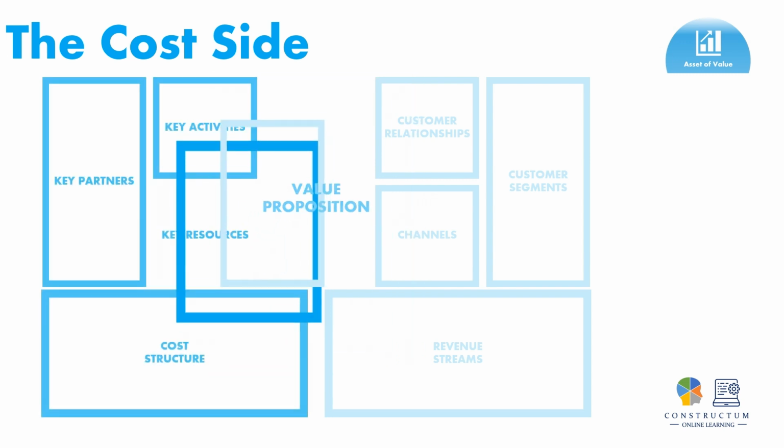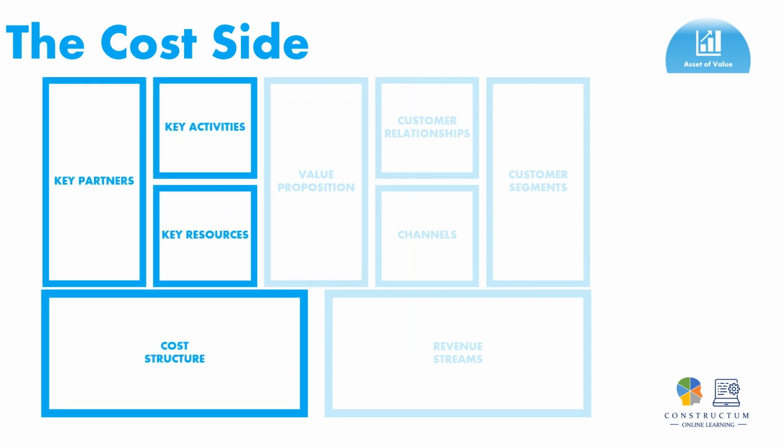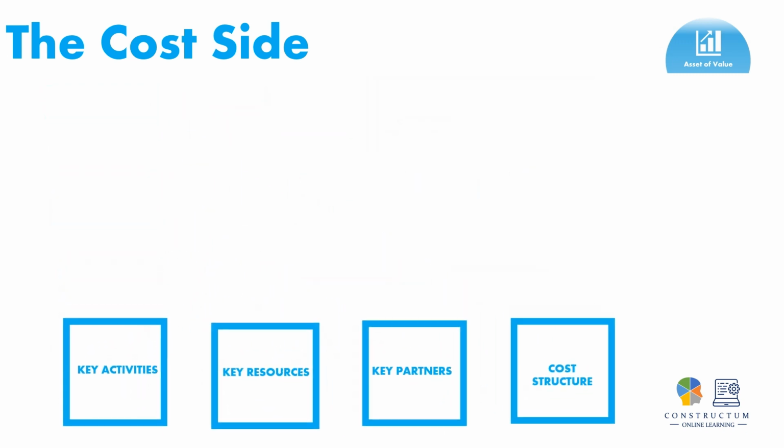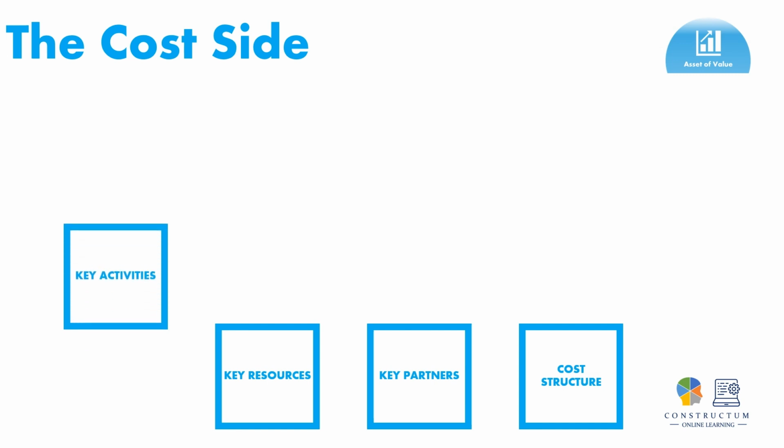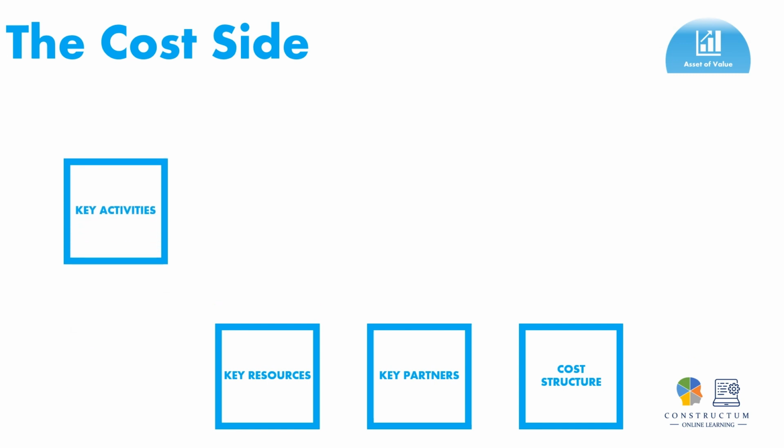Now, you must plan the mechanics of your business and determine what resources will be needed to deliver your products or services. The cost side of the business model canvas consists of 4 components: key activities, key resources, key partners, and the cost structure. Key activities.